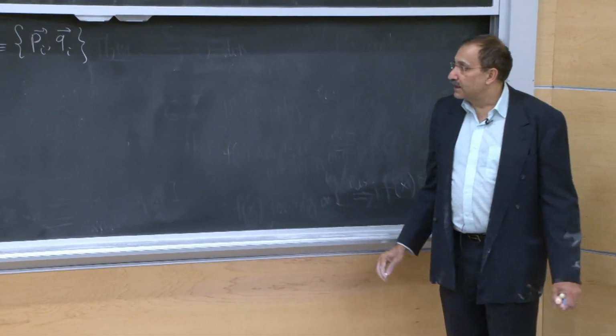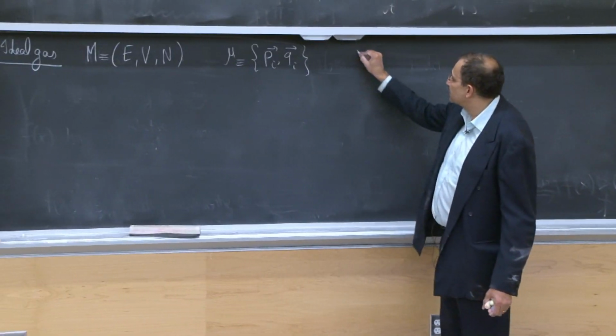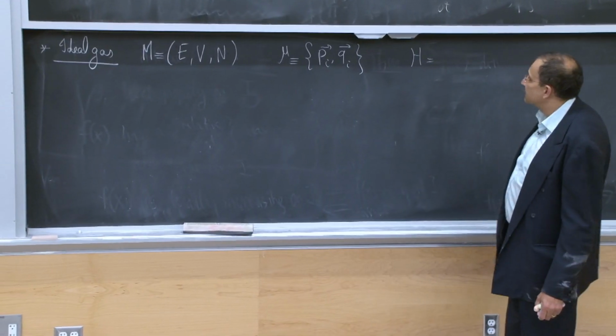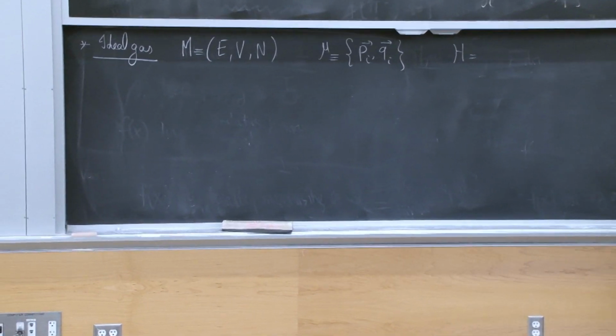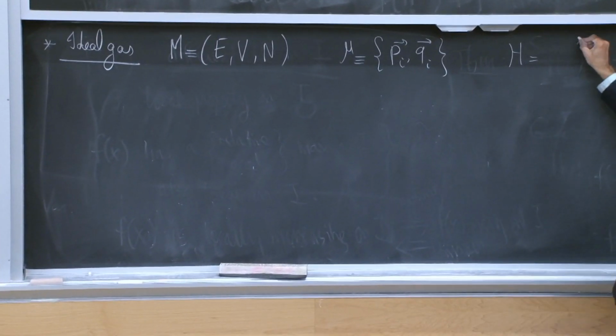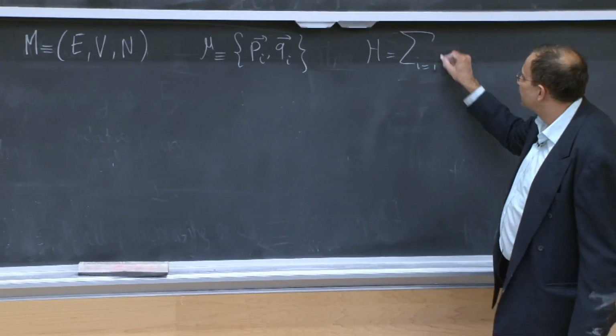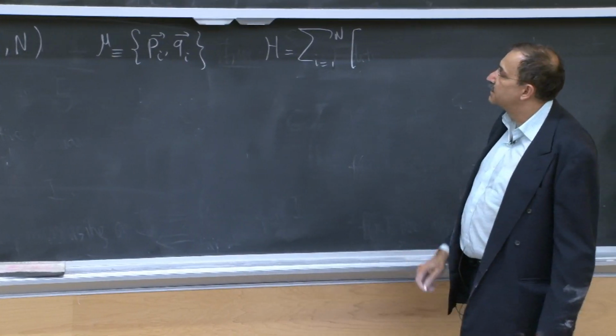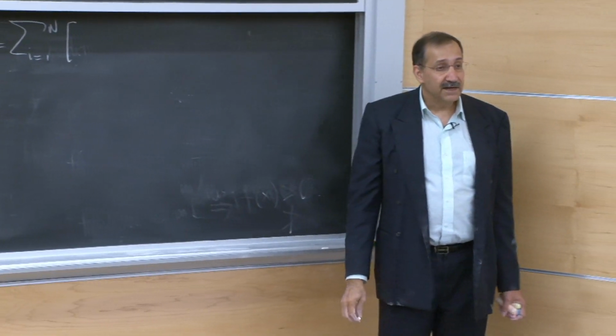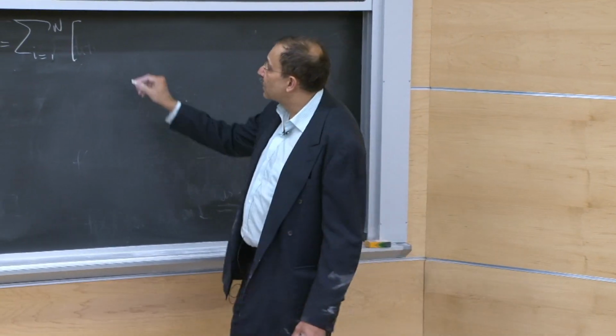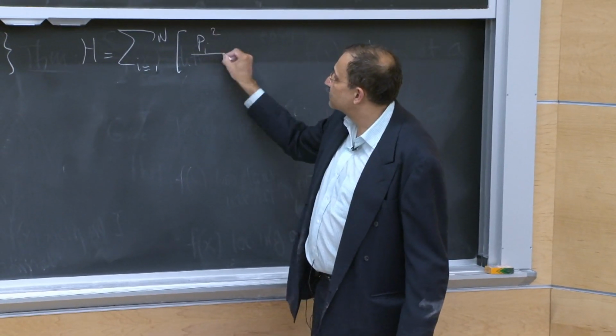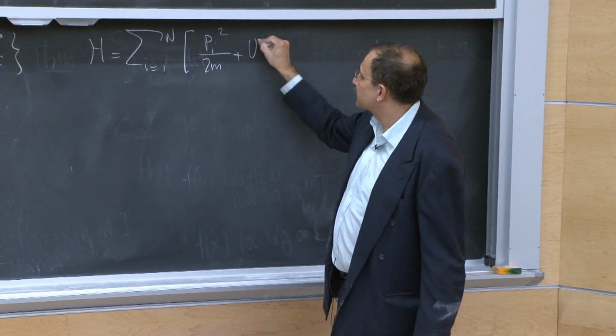And the energy of the system is made up by the sum of the energies of all of the particles. Basically, ideal gas means that the energy that we write is the sum of the contributions that you would have from individual particles.